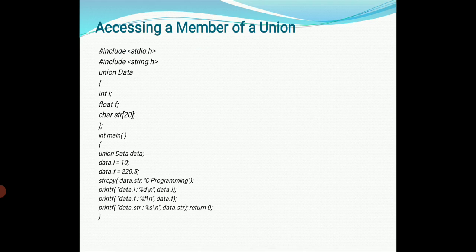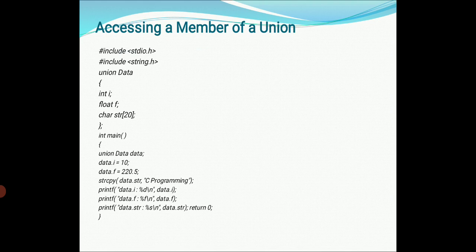Then int main, with opening and closing braces. In every C or C++ program, the execution must start with the main function, so we must use main. Here, union Data data: data is a union variable declared using the union.